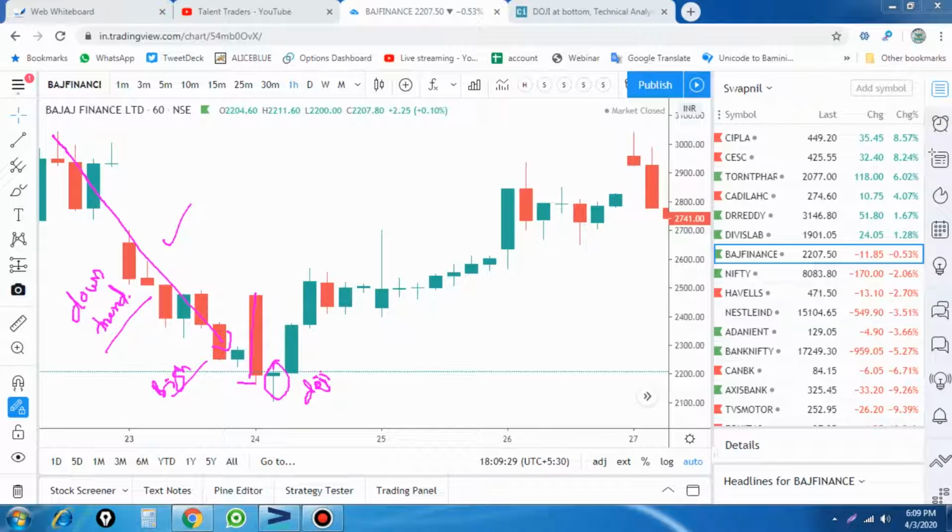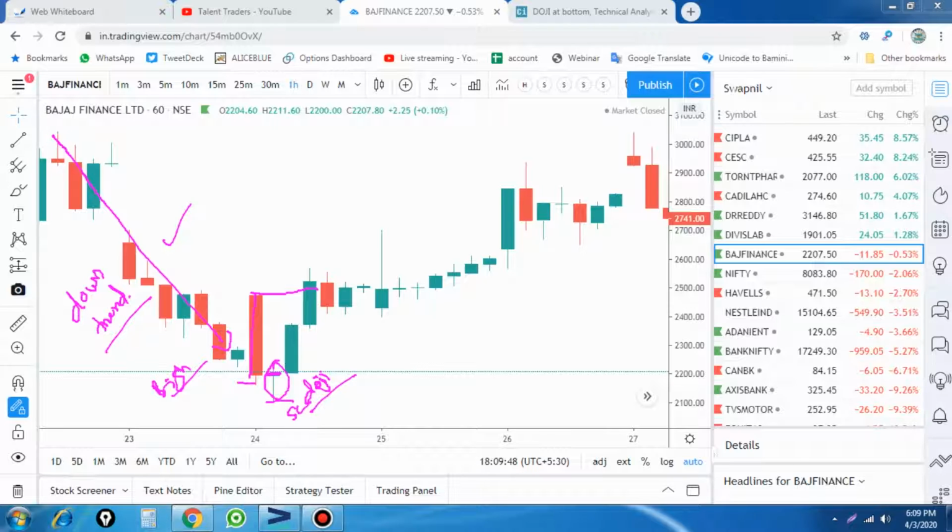It doesn't look exactly like a doji, but the previous closing price is near about the same, it's like a hammer candle, white hammer. If it is a doji, we take it as a doji, so we have to buy here only, and this is my stop loss.